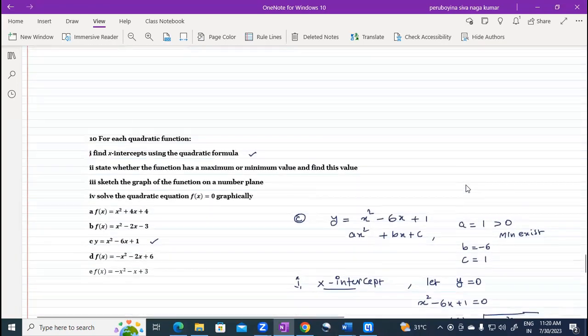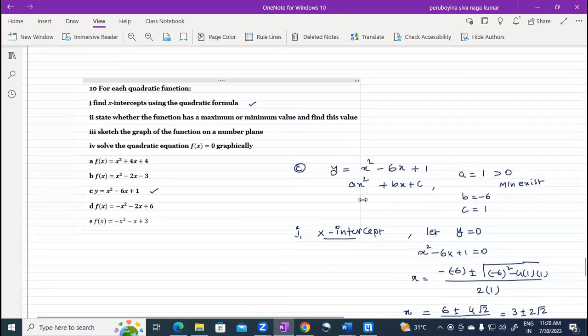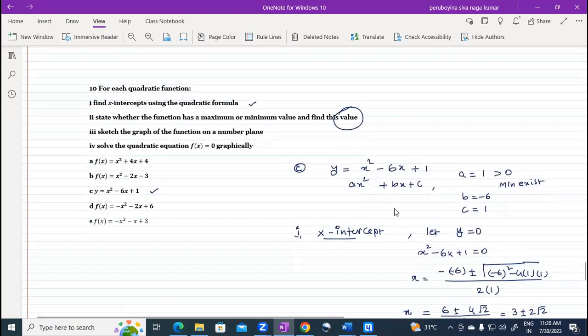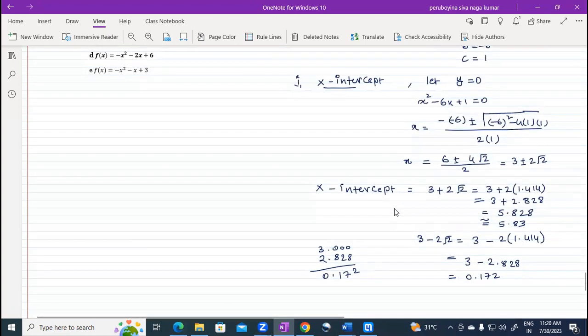Next question, the second part: state whether the function has a maximum or minimum and find its value. He said value. Value means which value? Only the y value you have to say. Actually, the question may ask for the turning point.